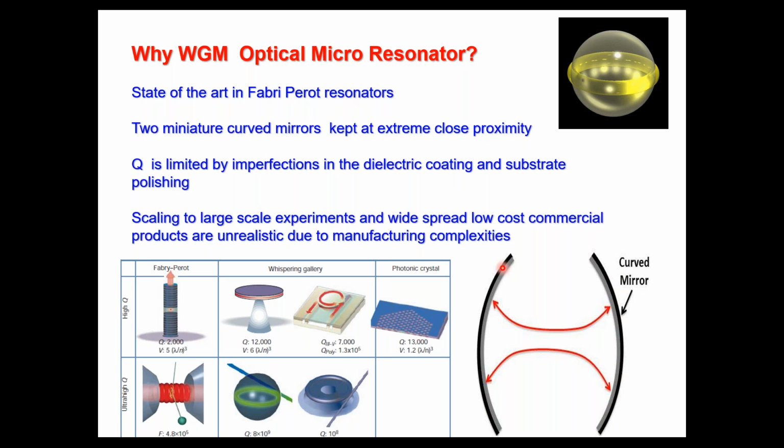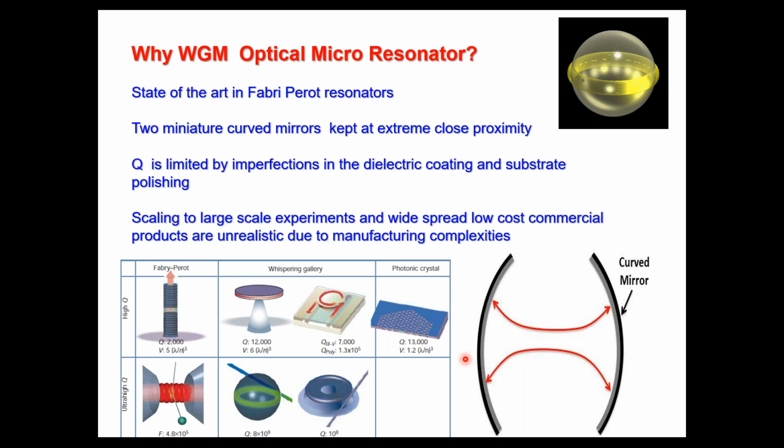They make use of curved mirrors, but even that is not sufficient for high Q value applications. For example, these mirrors are made by multi-layer coating technology. So you can imagine lambda by 4 thickness coatings of different materials over a substrate to manufacture this kind of mirrors.